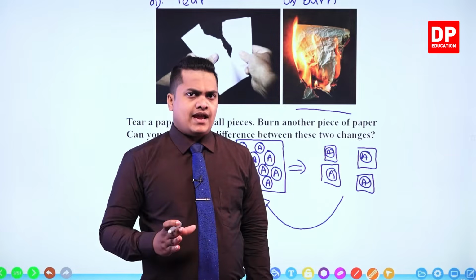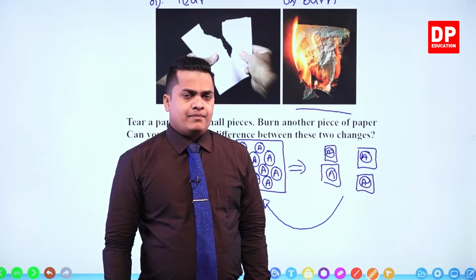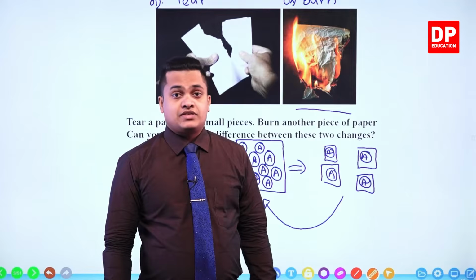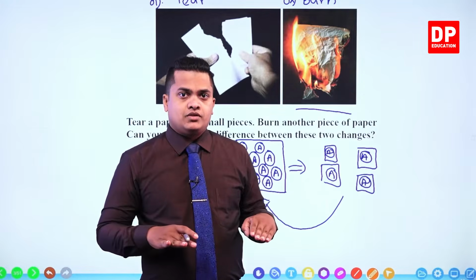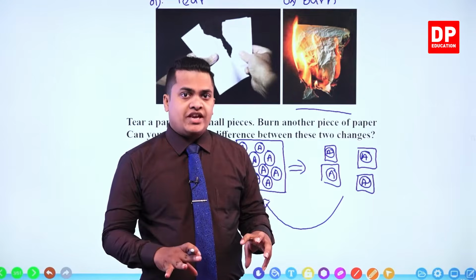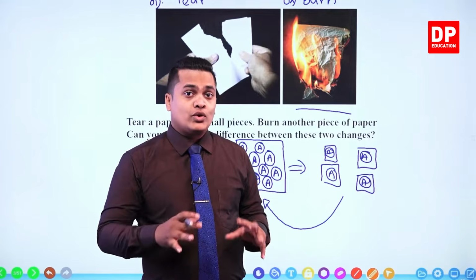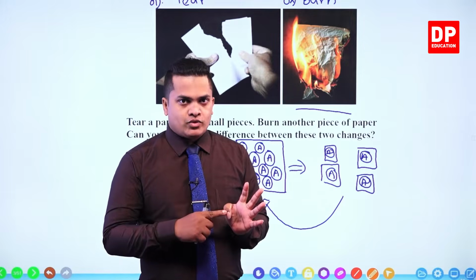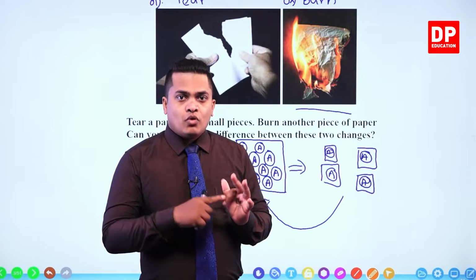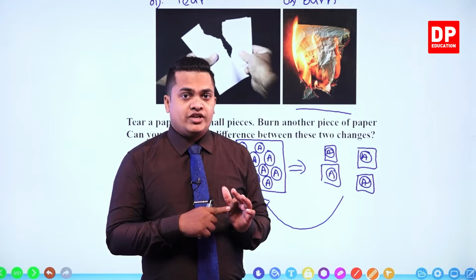So we can say that in the burning process of the paper, the whole composition has changed to create new materials. Ash is a new type of material. Smoke is a new type of material, right? So this is the second change.